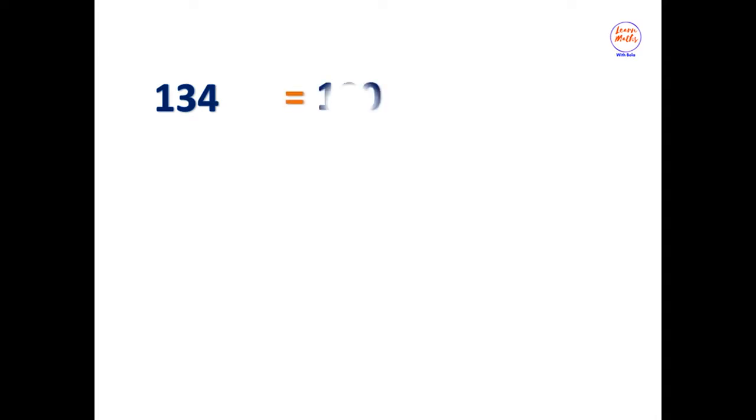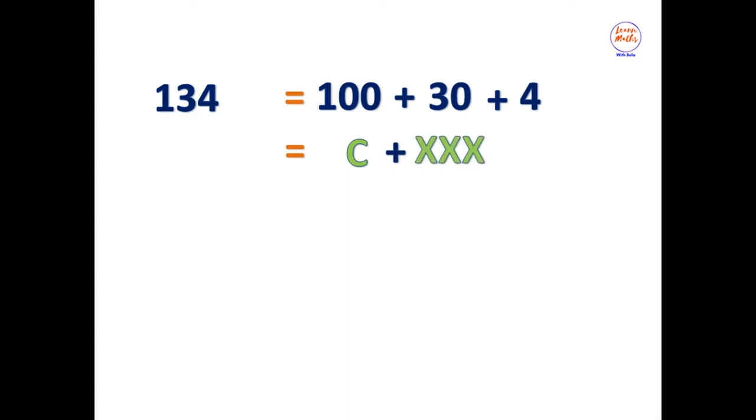So we have 100 plus 30 plus 4, which is C. 100 is C, 30 is XXX, and 4 is IV. So all we'll do next is to remove the addition sign and combine the Roman numerals together to form CXXXIV. Very easy.